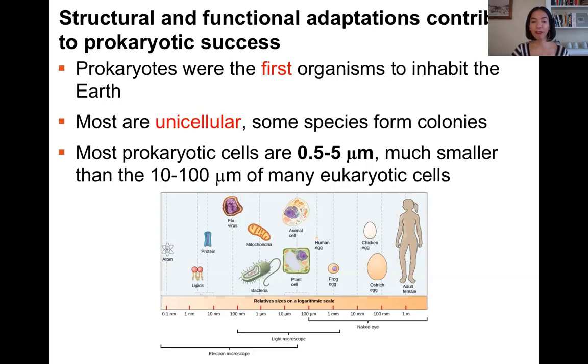And then we have the eukaryotic cells over here, the egg, human, etc., until adult female. So you can have this comparison of the sizes. It's important to remember prokaryotes are smaller compared to eukaryotes.